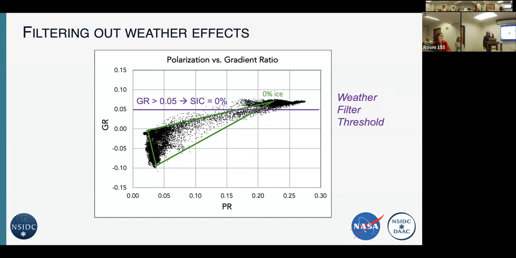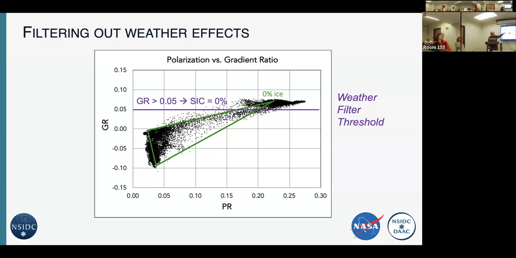So what's done, very simply, is what's called the weather filter threshold. You basically say, everything above this line we're going to call water, so we don't have to worry about exactly what all those results are. And so it just sets that to 0.